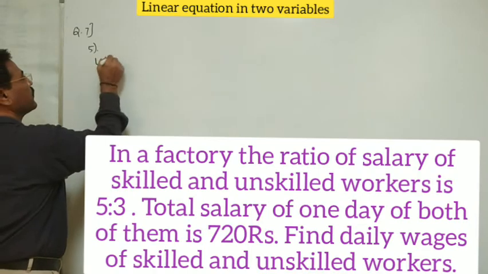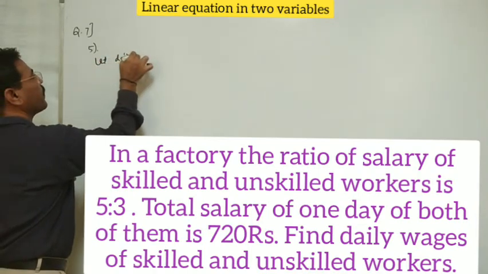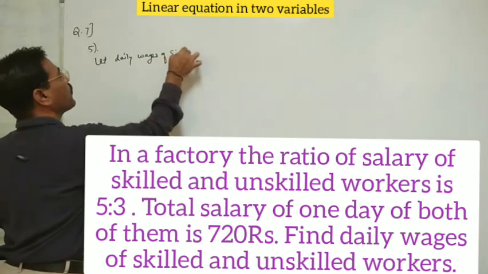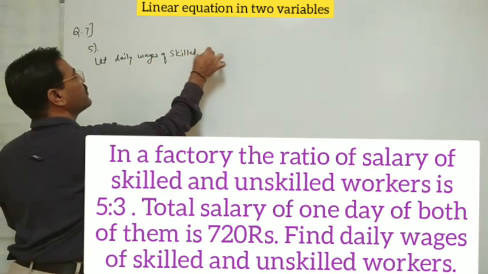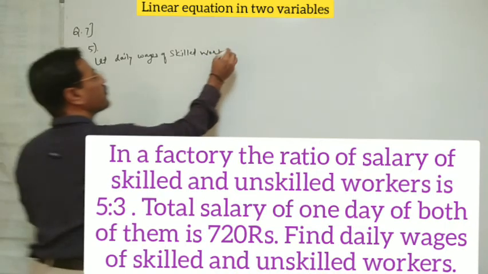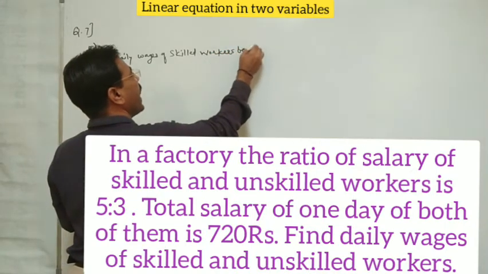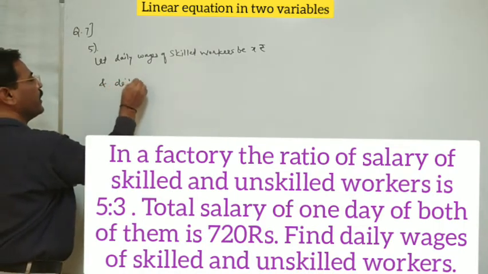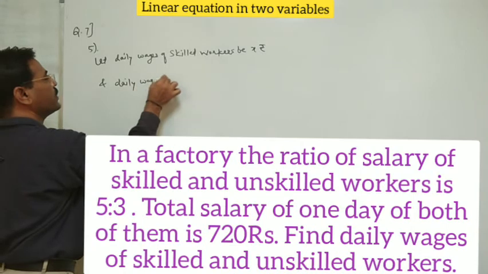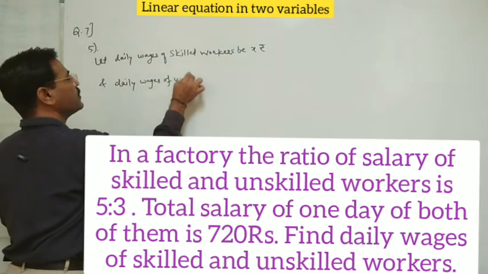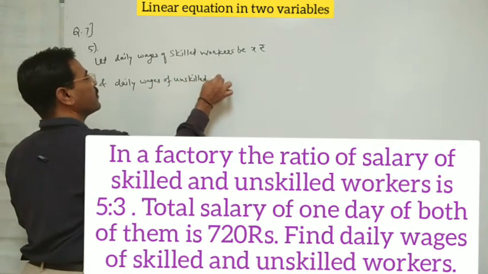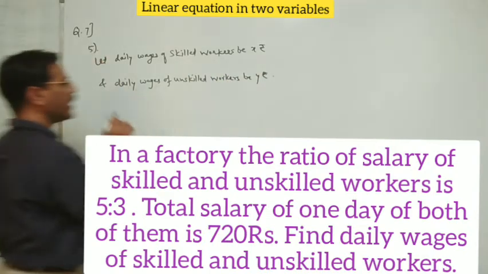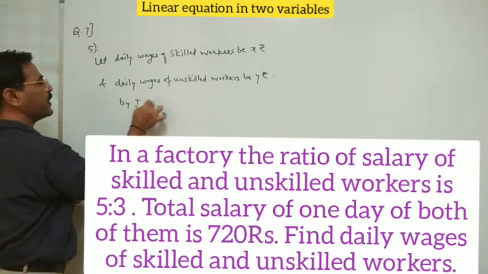Let the daily wages of skilled workers be X rupees and the daily wages of unskilled workers be Y rupees.